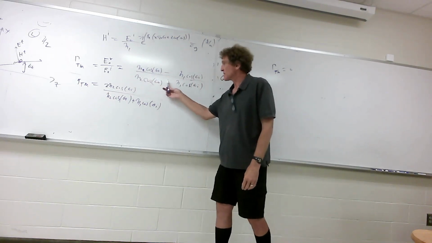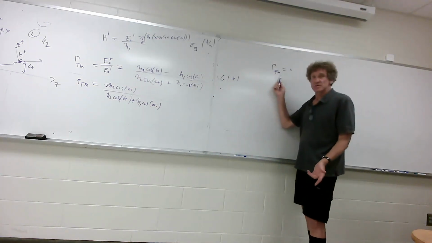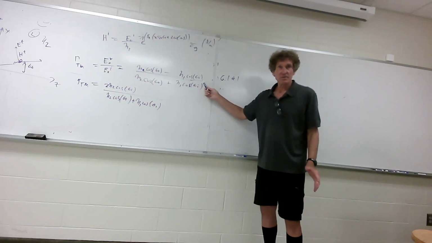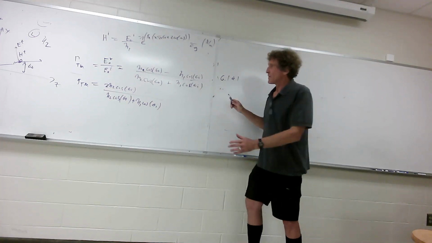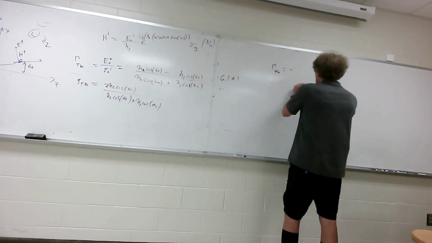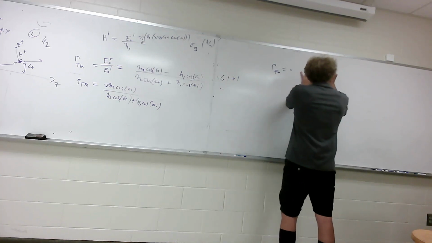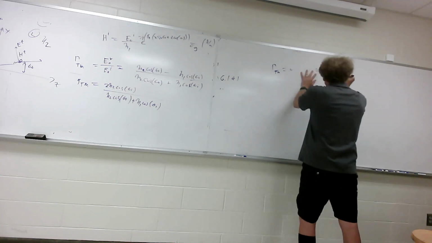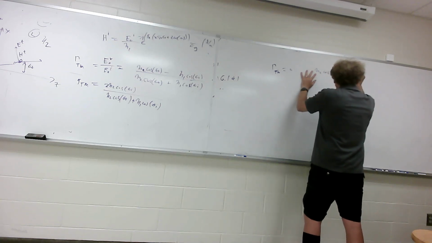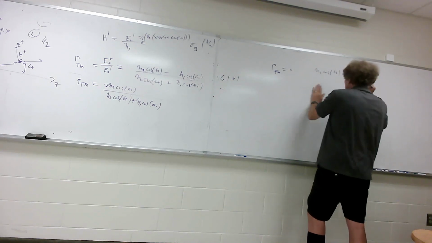So when I set this equal to 0, can you all see what I'm doing here? I'm saying there's going to be a point when the reflection coefficient is 0. Here's the reflection coefficient. I need your attention for this part. If it's equal to 0, this bottom part doesn't matter. So what that implies is eta 2 cosine theta transmitted minus eta 1 cosine of theta incident equals 0.